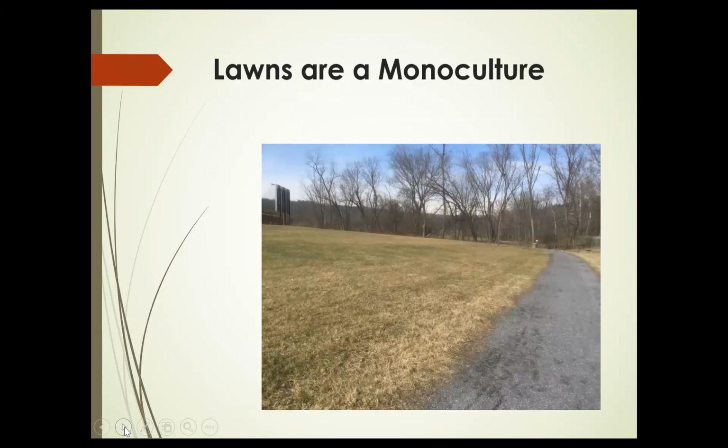Lawns are essentially a monoculture, not offering anything in the way of pollen, nectar, or cover for wildlife. You can reduce your lawn area by extending an existing bed or creating a new bed and adding native plants. If you opt to keep your lawn and wish to reduce your carbon footprint, you can seed in a no-mow lawn.